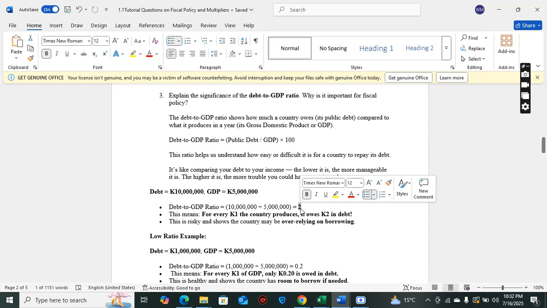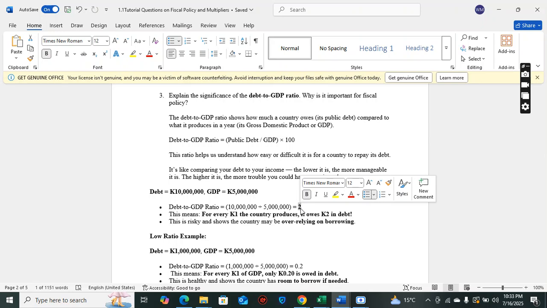So there are many ways we can interpret this same 2 we've arrived at. One way we can interpret it, we can say the debt is twice the GDP. How much we're owing is twice more than how much we make when we produce goods and services.